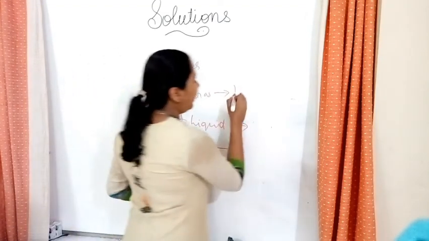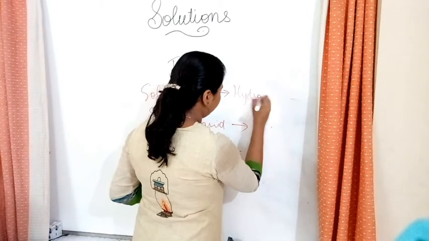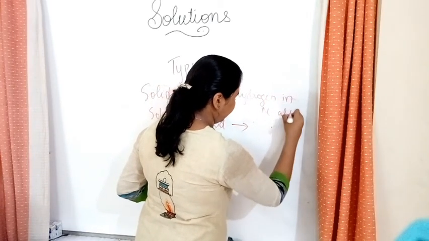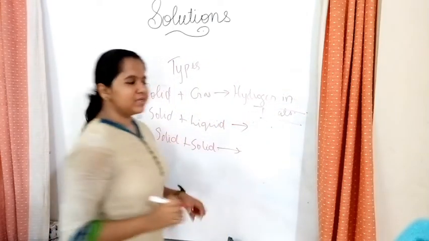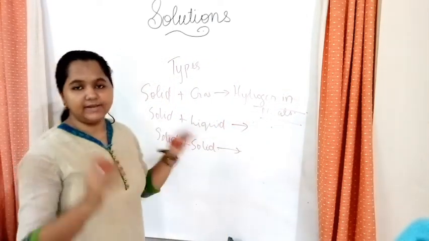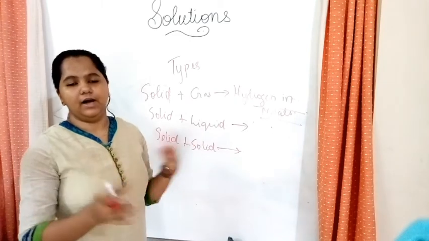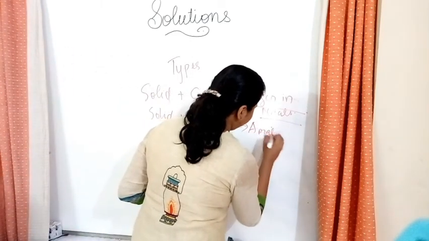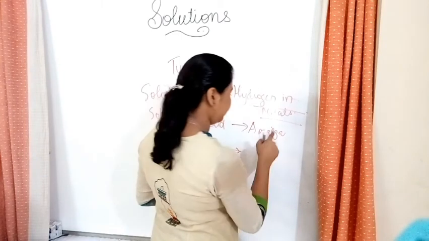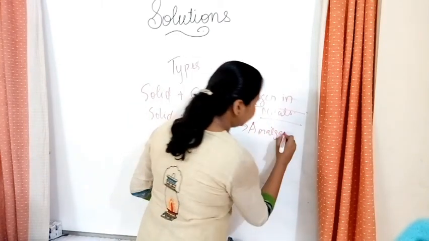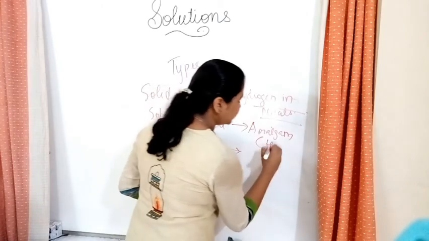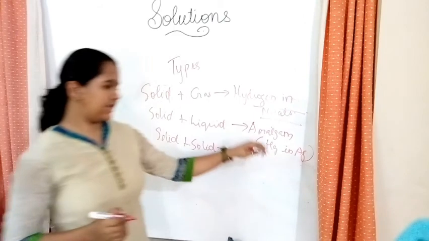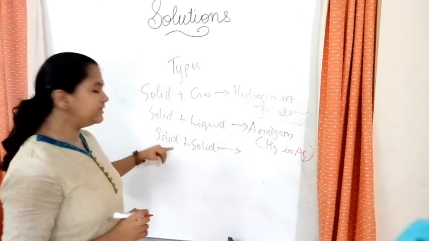The example is hydrogen in palladium. Then the next one is solid as our solvent and liquid as our solute. That is amalgam, for example mercury with silver. That is amalgam.